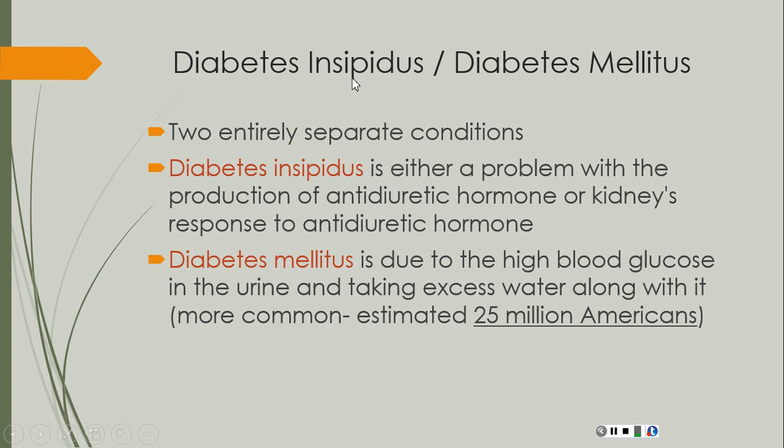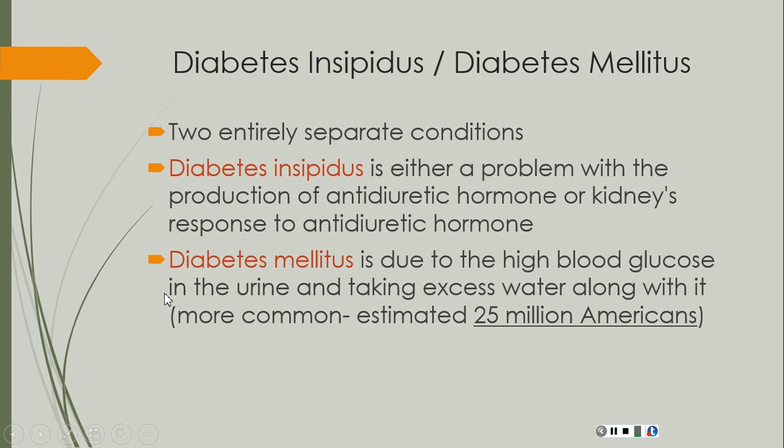There's a couple of terms here in your textbook referred to: diabetes insipidus and diabetes mellitus. They're two different conditions. This insipidus, it's actually a problem with the production of the antidiuretic hormone or the kidney's response to antidiuretic hormone. You don't hear about this one too frequently.